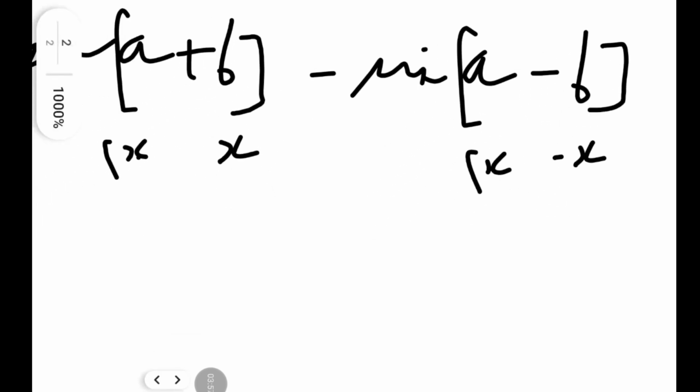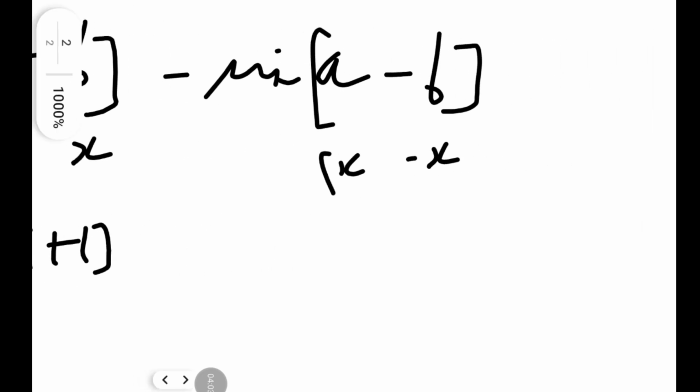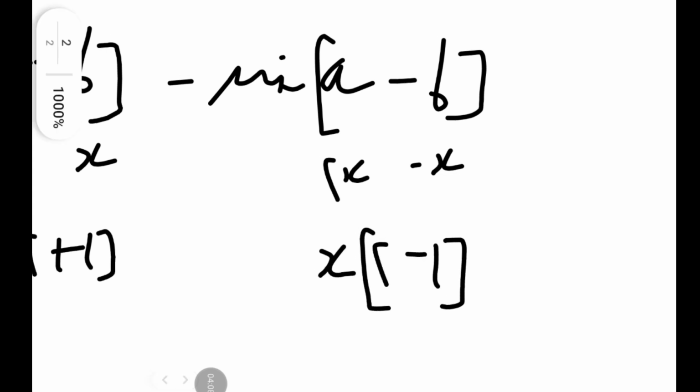And if you take out a factor of x, look at this, look what you have. You have r plus 1, and taking out a factor of x, r minus 1. And that's something we can actually work with.